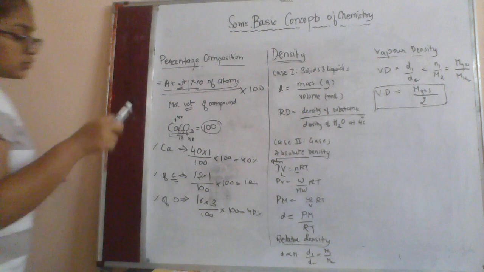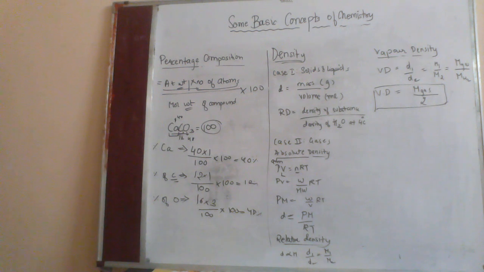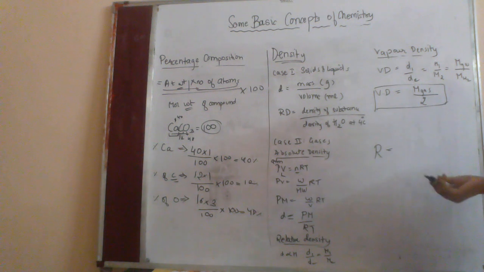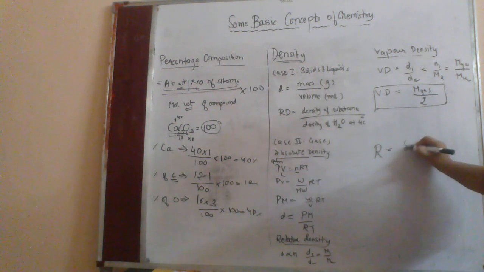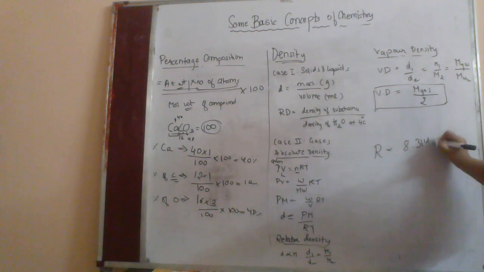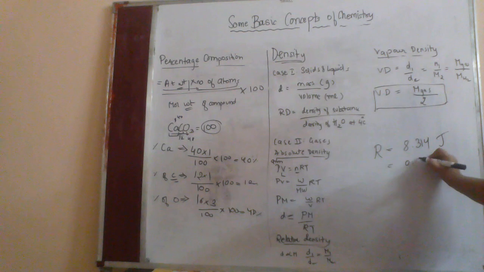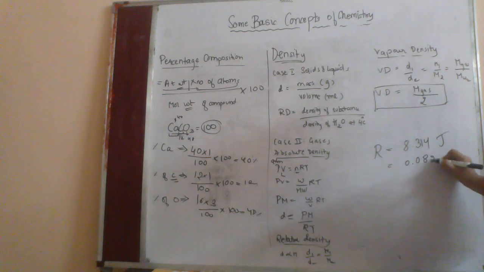While R is the universal gas constant. The universal gas constant has 3 values according to its units. The first value is 8.314, this is in joules, while the second value is 0.0821.